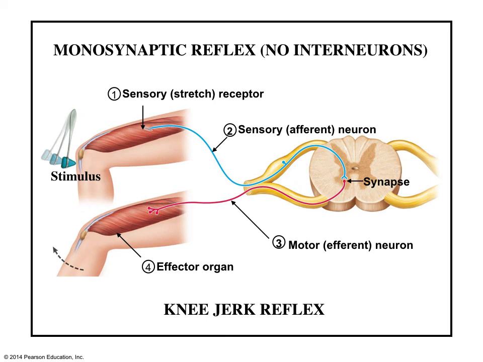We go from the stimulus, I've numbered the components, to a sensory receptor, to a sensory or afferent neuron, which synapses, mono, just one, directly to the outgoing motor or efferent neuron, which goes then to the effector organ. The only example of a monosynaptic reflex is the knee-jerk reflex that you saw in the first cartoon.